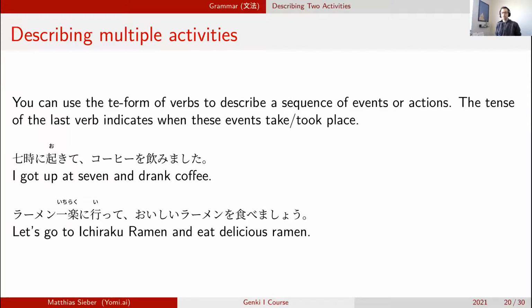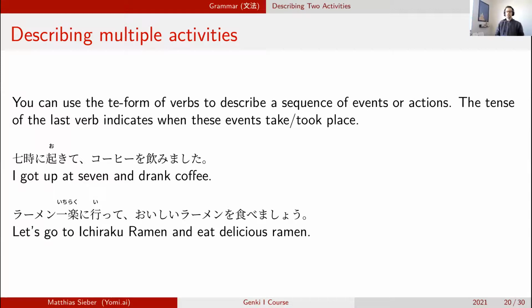But you can also think of it as motsu, to carry or to hold, and then kuru, to come. So I'm holding something, and then I go to another place. In English, we would say you bring something.